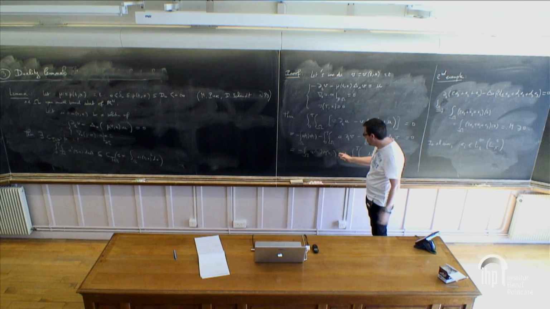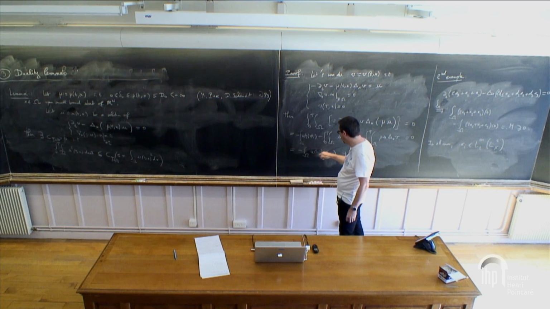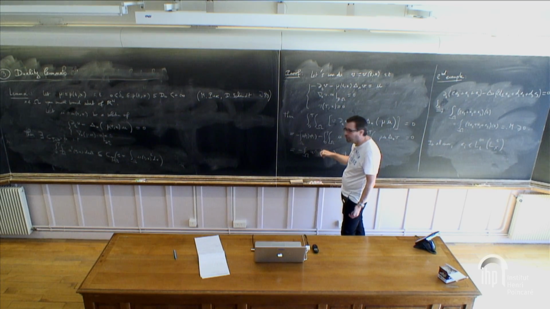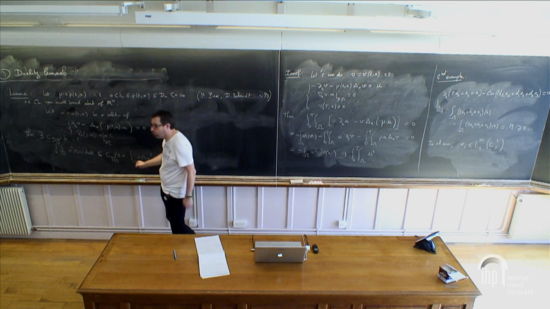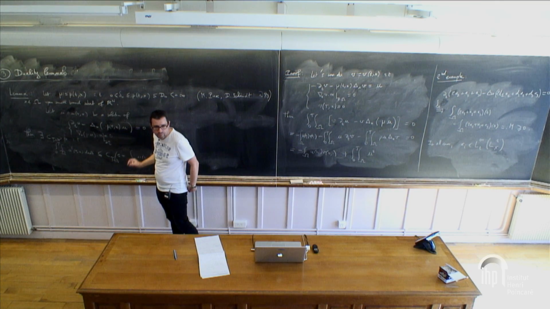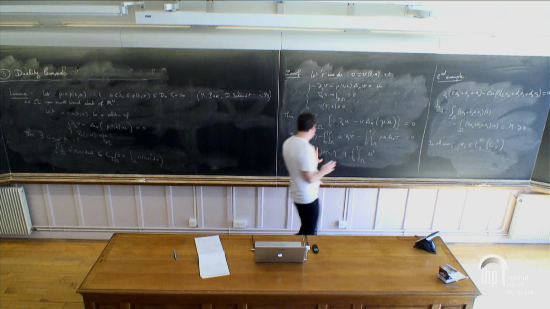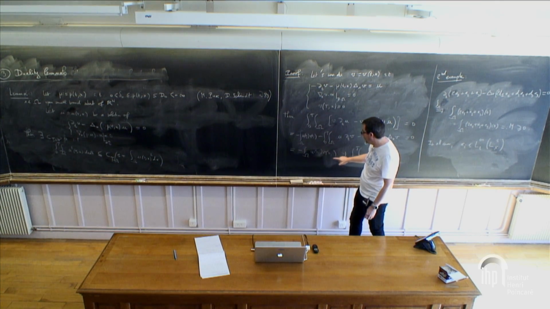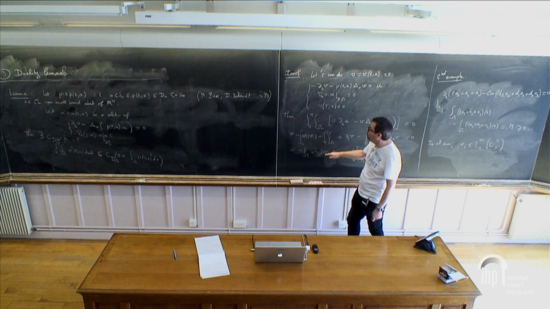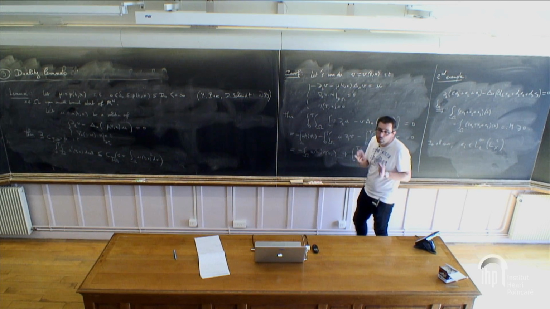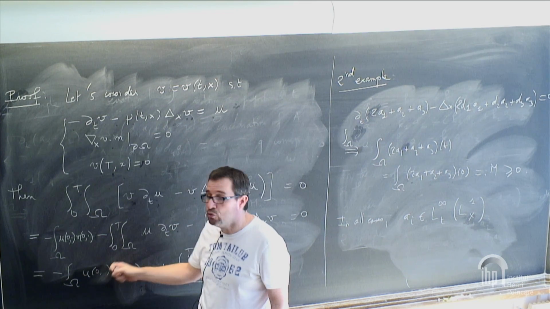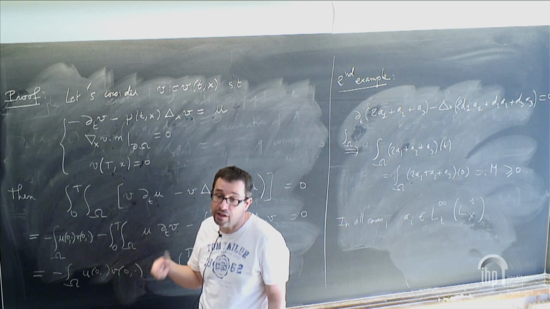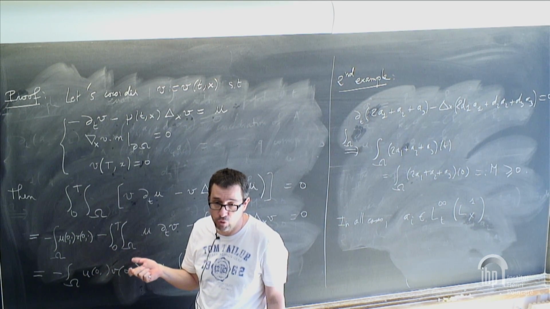But this quantity is made of the product, or if you want, the scalar product in L2, of the initial datum for u, which let's say is given. So it will appear, of course, at the end. So this we don't really care. And the value at time 0 of v. Okay? So the whole point now is to try to show that the value at time 0 of v lies in L2 of omega. Okay?